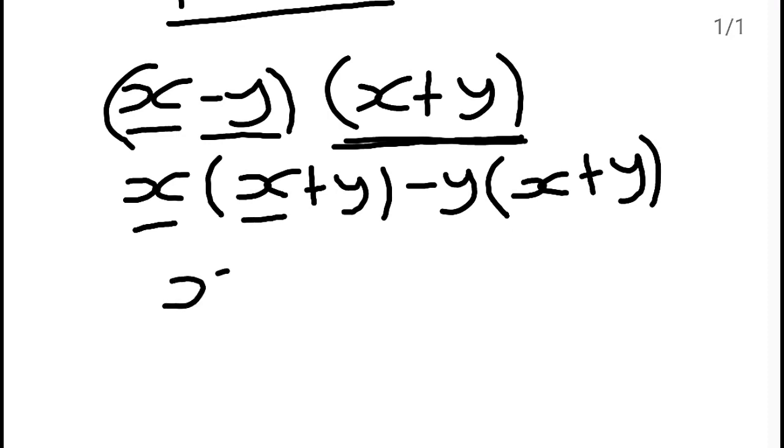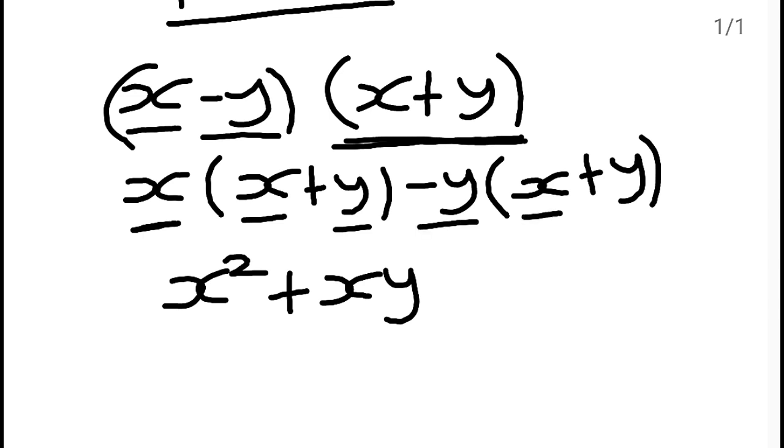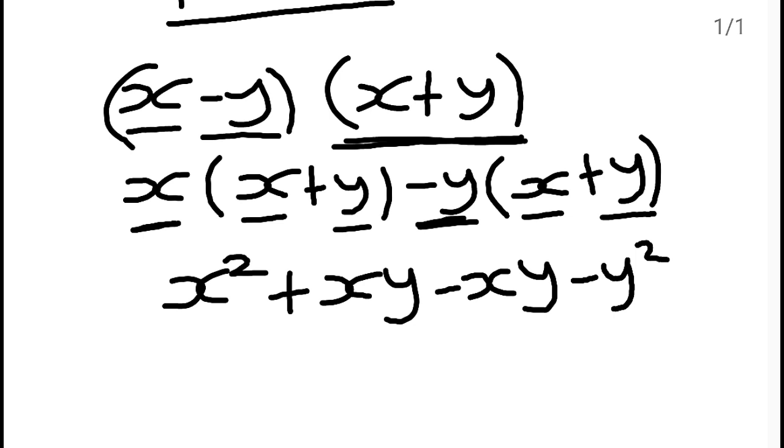And when we open these brackets carefully, we shall have x multiplied by x, that will give us x squared. Then x multiplied by y will be xy positive. Then negative y multiplying x will be negative yx or negative xy. Then negative y multiplying positive y, a negative multiplied by a positive, gives negative y squared.